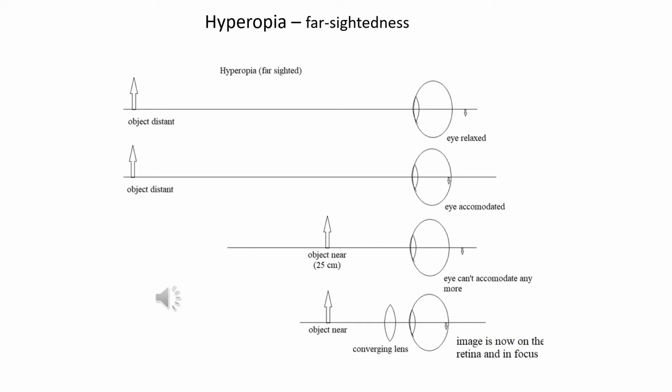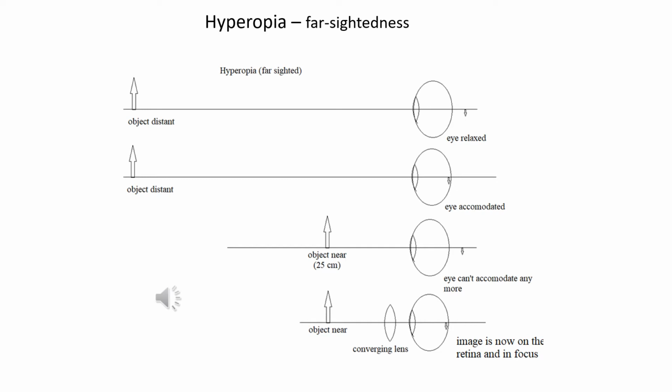Now, if you bring the object even closer to the normal near point of about 25 centimeters for most people, notice that the image moves farther out, but now the lens can't bring it onto the retina because it's already accommodated. And so this person can't see things that are at the normal near point of 25 centimeters. They can see far away things, but they can't see at a normal near distance.